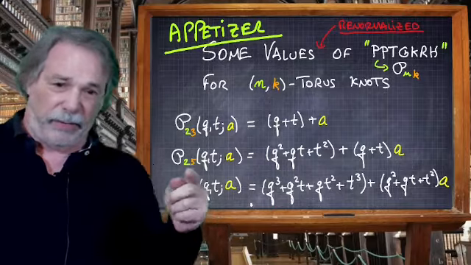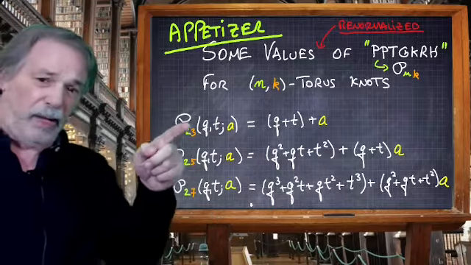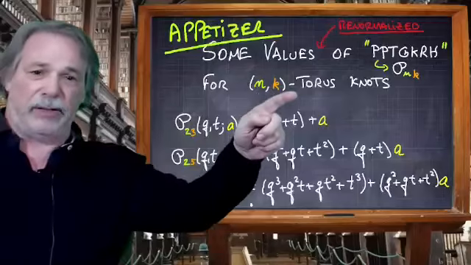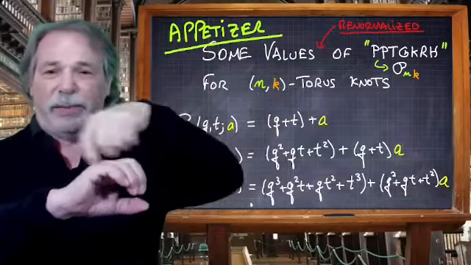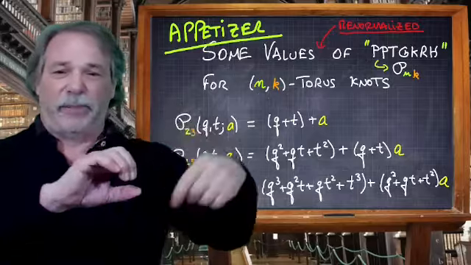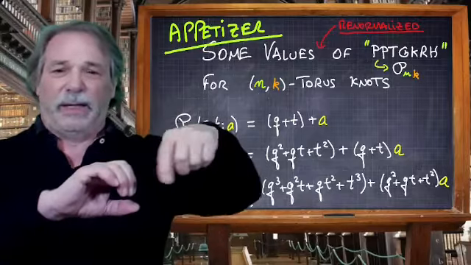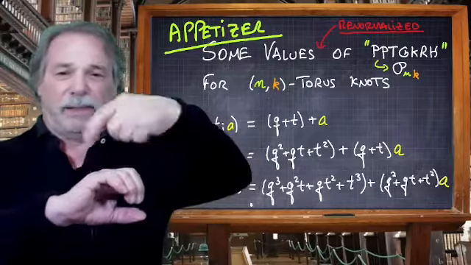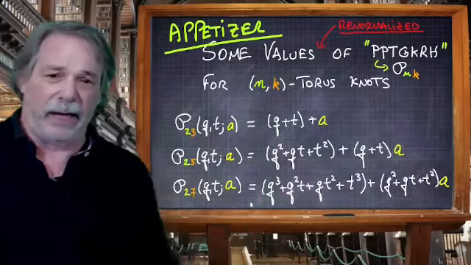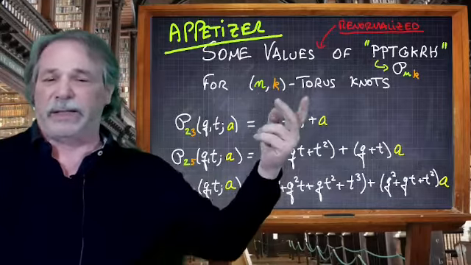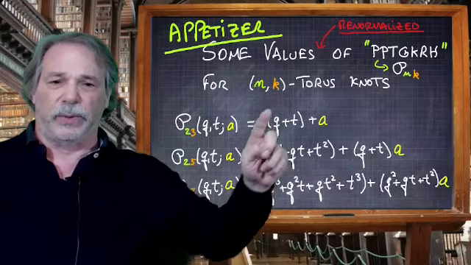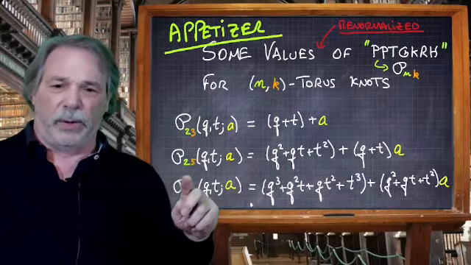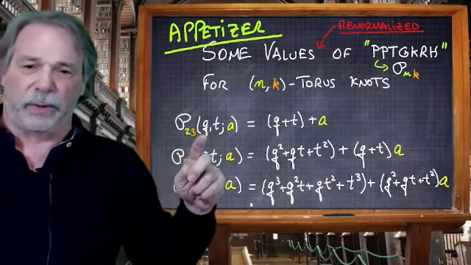And here I've put the N,K torus knots. So you go like this around the torus, the number of times you go around like this and like this. That's the N and the K. And you can switch N and K. It's easy to prove that the order in which you put these two doesn't matter. So I'll put the smaller one first here.